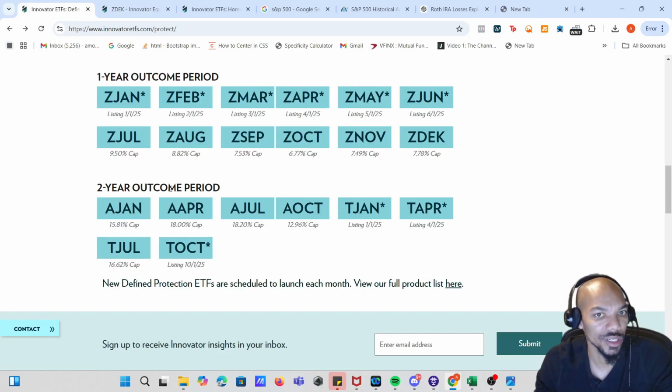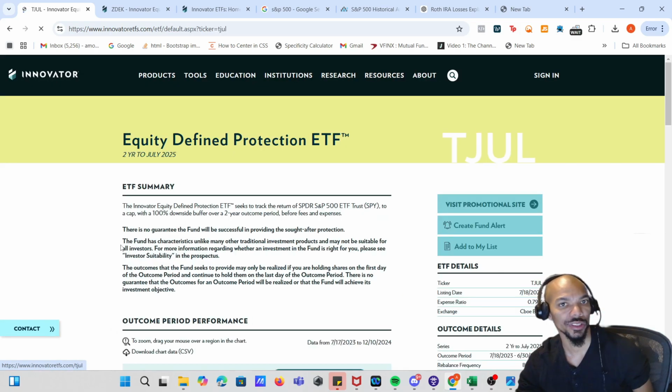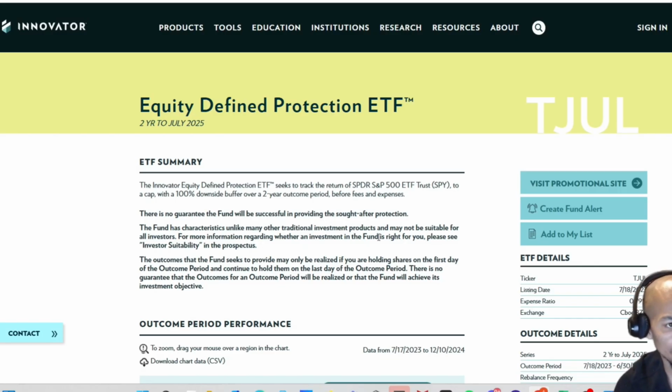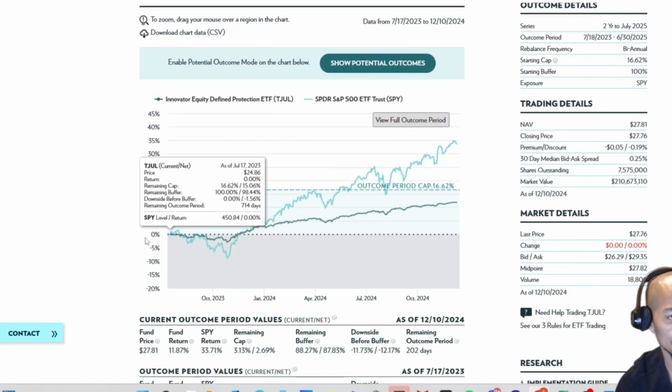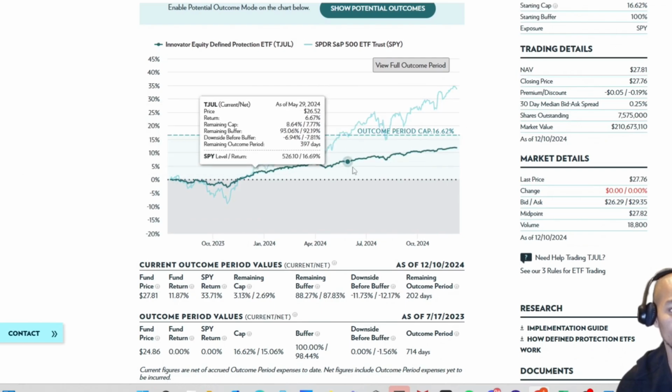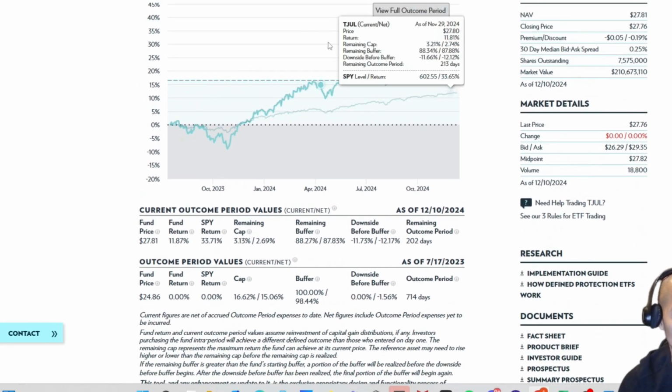Here is the 2-year outcome period. And let's go over the 2-year outcome period. Now, as you can see with the 2-year outcome period, the cap works the same particular way, and this one it's 16.62.